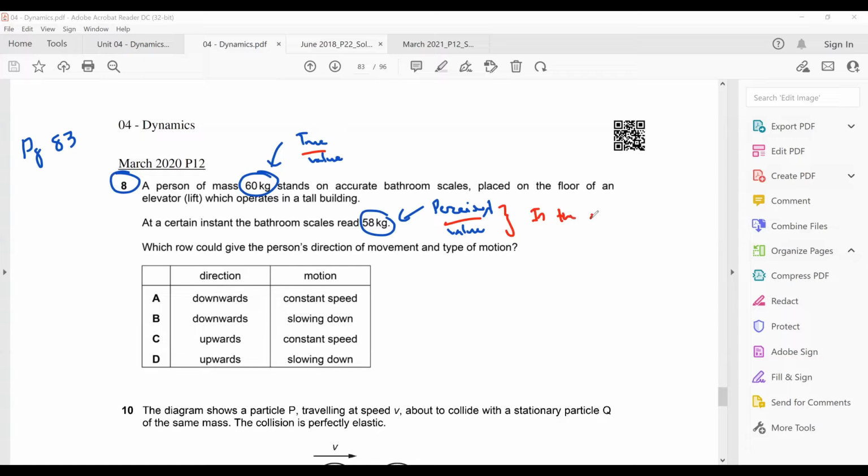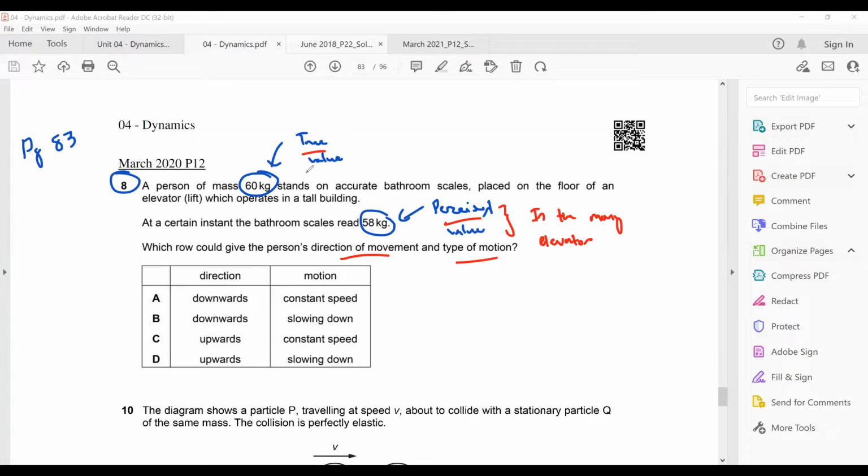In the moving elevator. So the question is about direction of motion and type of motion.